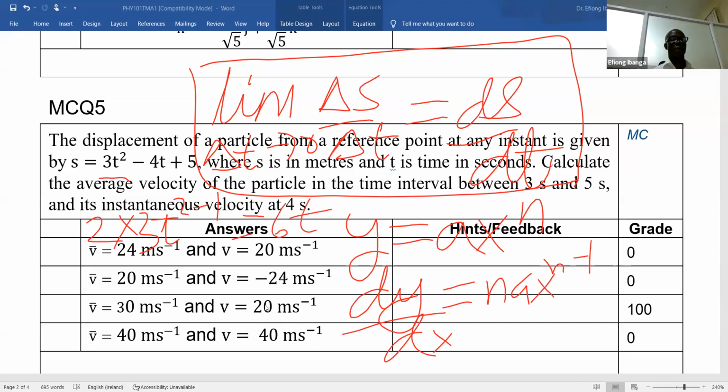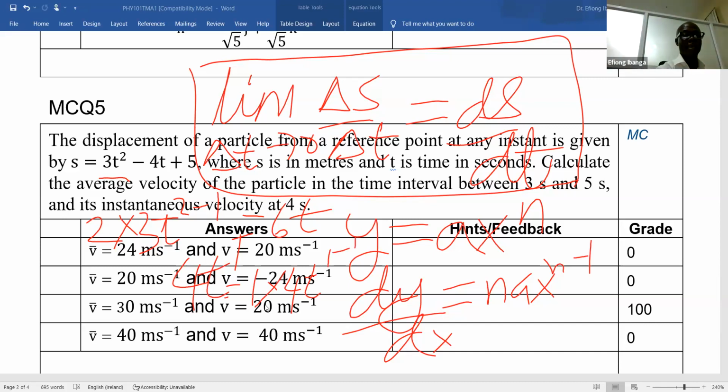Now the other one is 4t raised to power 1. If you differentiate that, it's going to give us 1 times 4t raised to power 1 minus 1, which is t raised to power 0, which is equal to 1.